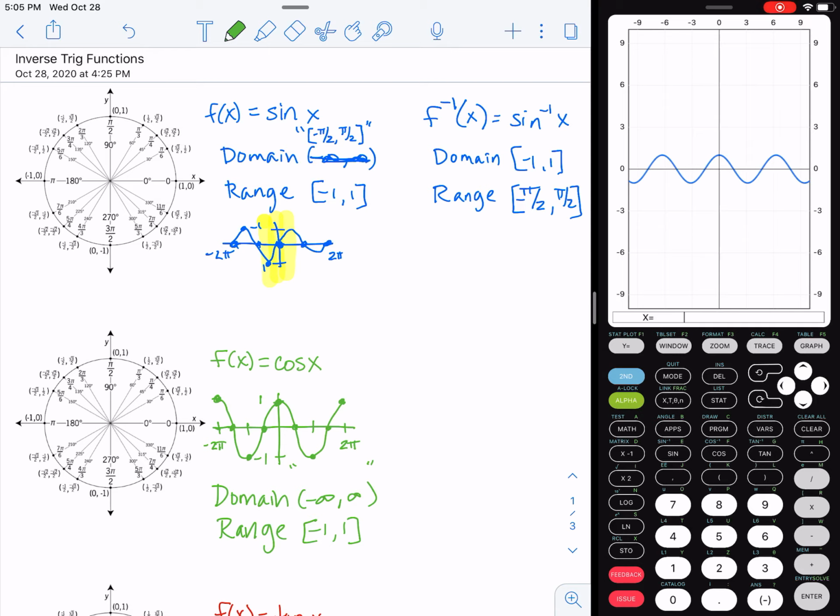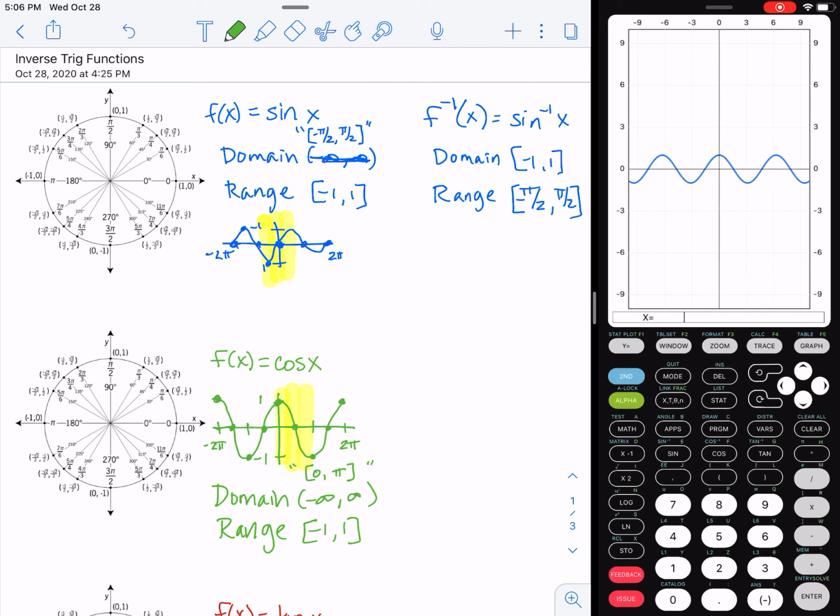And we do that from, let me get a little highlighter here, 0 to pi. Okay, so within this yellow block here, that is what we're going to look at. So we have restricted the domain from 0 to pi.